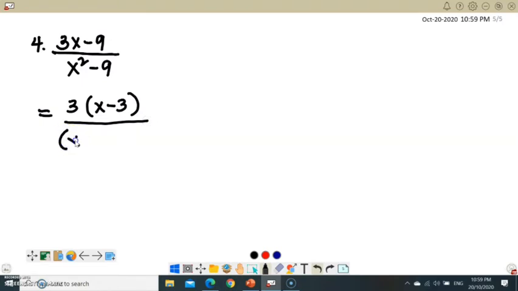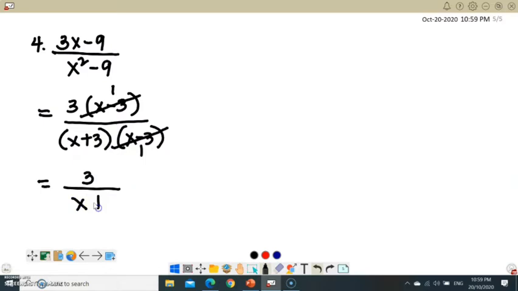We have x plus 3 multiplied by x minus 3. So we cancel out x minus 3 and x minus 3. What's left here is 1, same is true with this. Then we multiply. 3 times 1 is equal to 3. x plus 3 multiplied by 1 is equal to x plus 3. So we now have the simplest form, 3 over x plus 3.